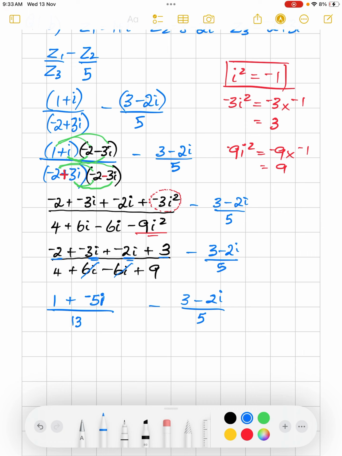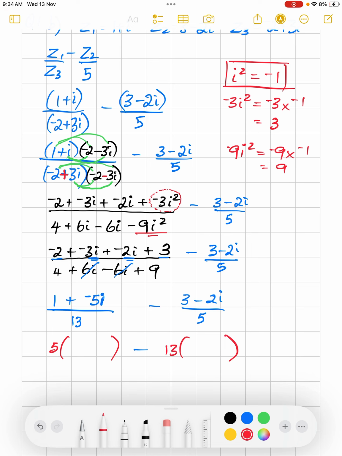They're both real components. So I'm going to take this 5 and multiply it up here, and we're going to take that 13 and multiply it up here. So we're going to cross multiply 5 times that. Then we're going to have minus 13 times that.